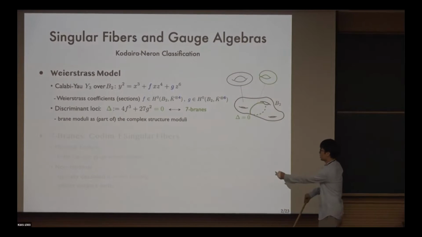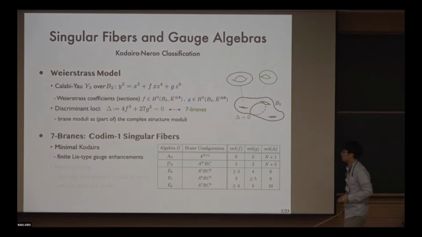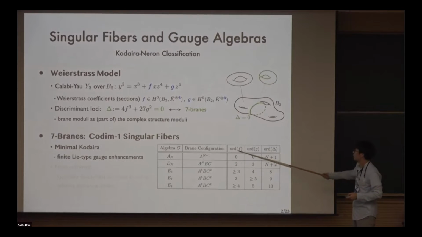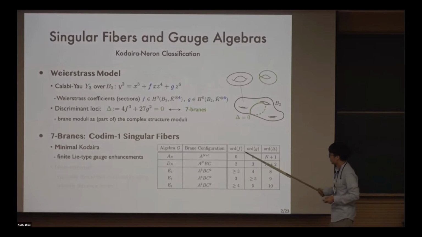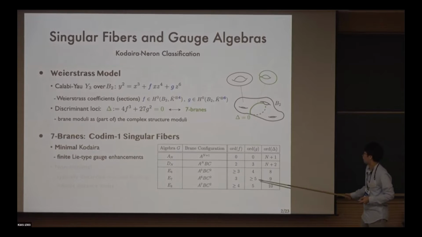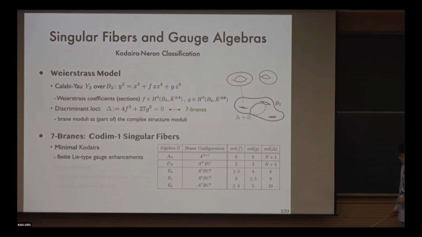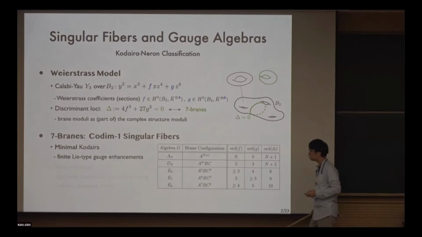Then in this setup, the singular fibers are classified in terms of the vanishing orders of f, g, and delta. This table lists the so-called minimal Kodaira fibers, which actually sit at finite distance in the moduli space, resulting in a finite Lie-type gauge enhancement.